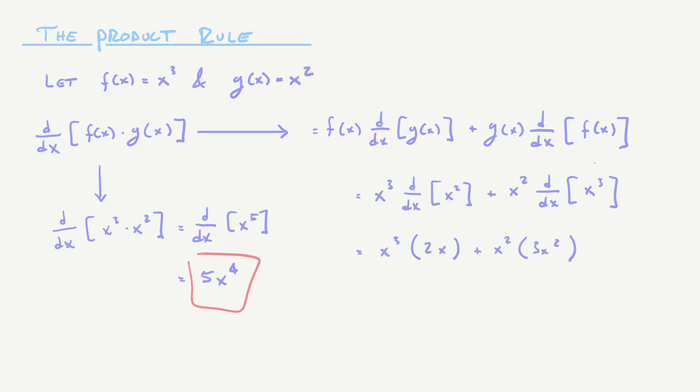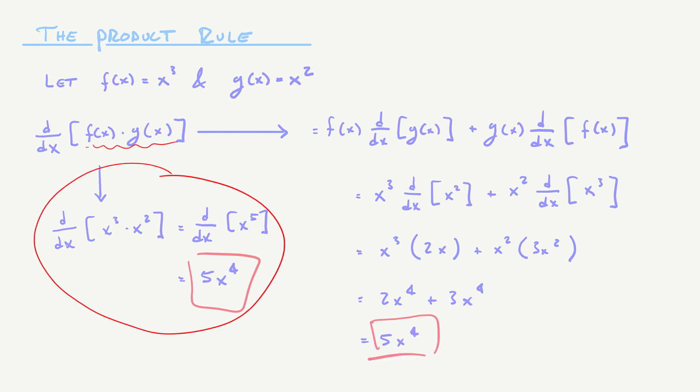Instantiating the power rule for both of those gives me this, which nicely gives us like terms. We get 2x to the fourth plus 3x to the fourth, which is 5x to the fourth. And so now these agree. What we knew originally from using the definition of a product function is now agreeing with what we're getting from the product rule, and that's evidence for it being true.